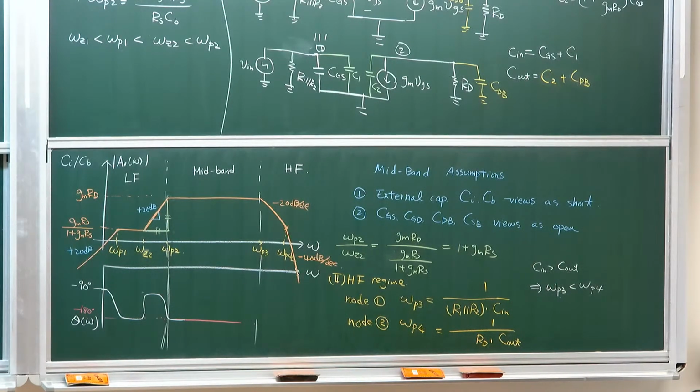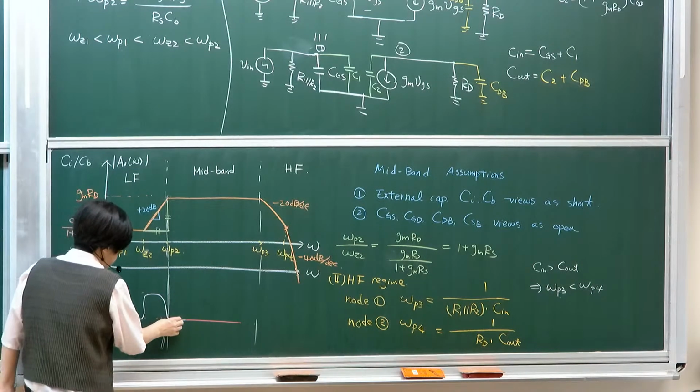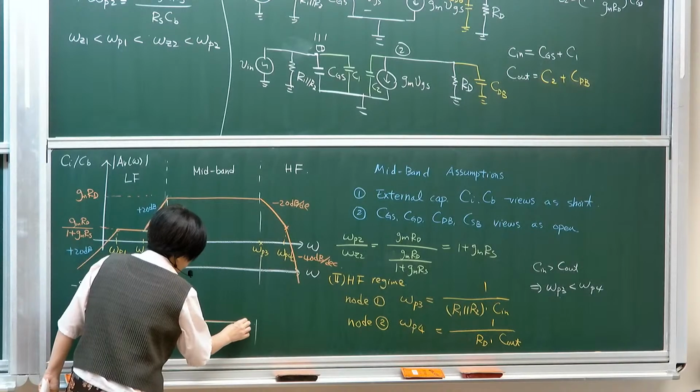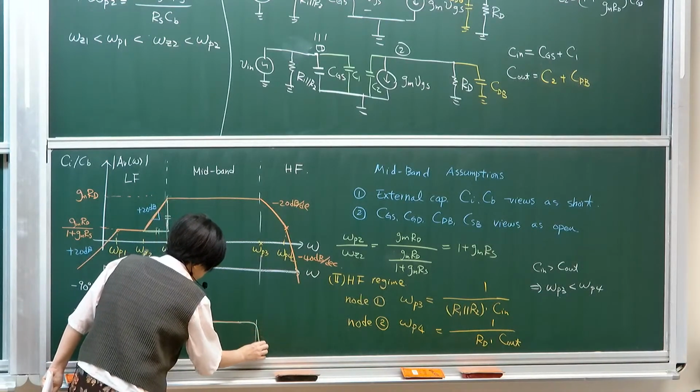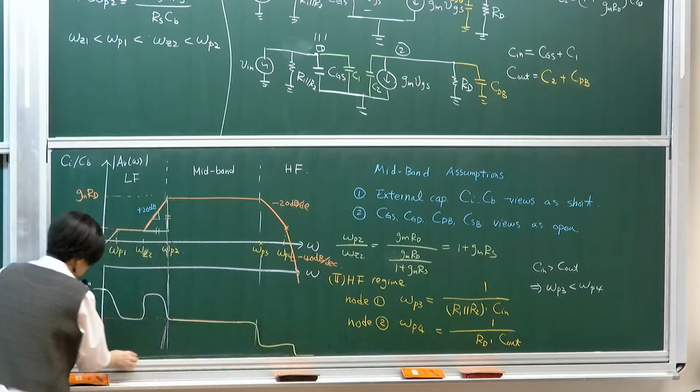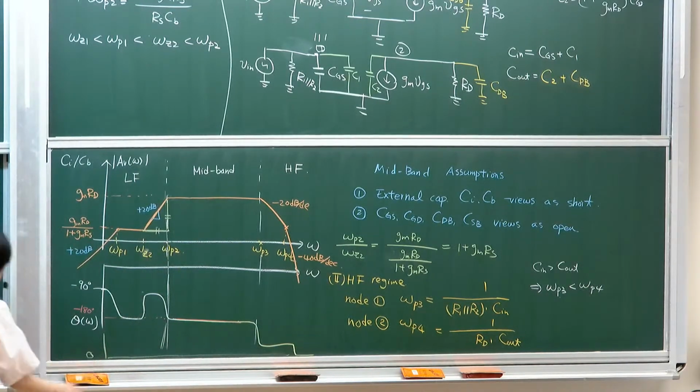And if you want to look at the phase, as I said, it will start at 180. Once it hits a pole, it will drop 90, and then drop another 90. So overall, it will go from 180 down to 0, 330 total. Okay? Do you get that?